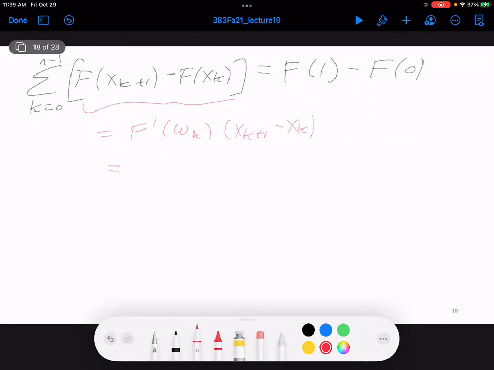Well, what is big F prime? It's just little f, so it's little f of WK. And what is XK plus 1 minus XK?